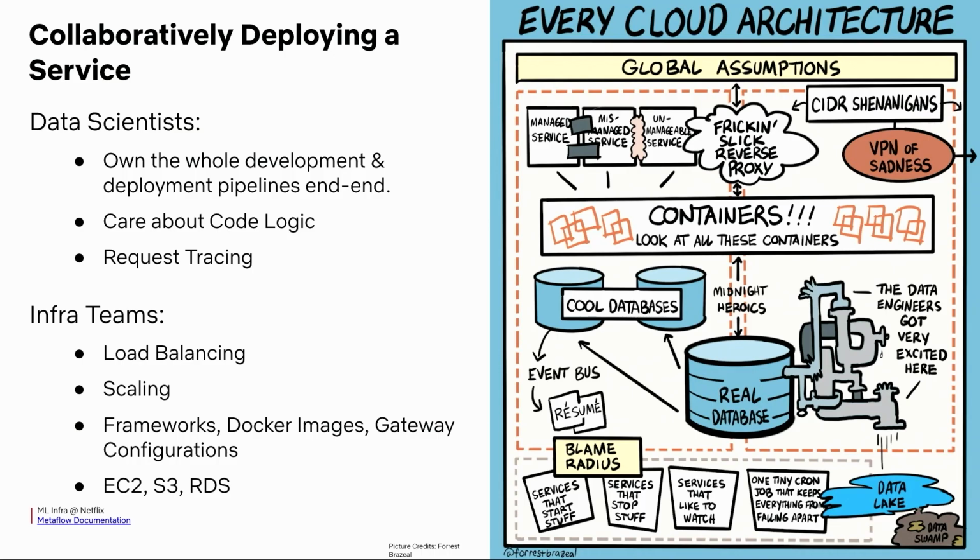On the other hand, the infra teams care about some aspects mentioned here, such as load balancing and scaling. An infra team might also care about how we bake the Docker images, how we configure the gateway so that the endpoints are routed correctly, and what the underlying infra is within Netflix, such as whether we are using Kubernetes or EC2, S3, and so on.